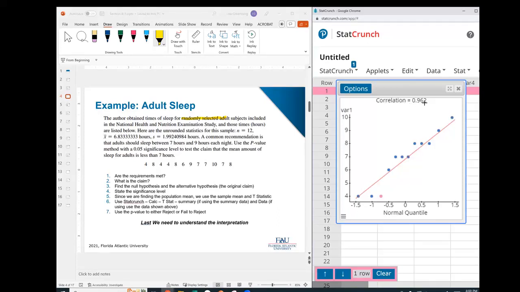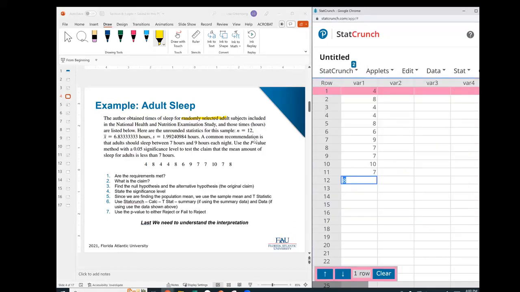And this correlation number, the closer it gets to 1, the better my correlation is with a normally distributed population. So because it's 0.962, we're going to make the assumption that this is a normal curve, okay? So that tells me that the requirements are met.